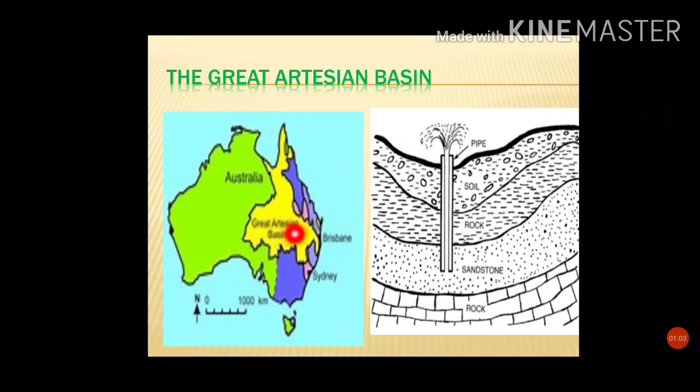The Great Artesian Basin lies between the Lake Eyre Basin, the Murray-Darling Basin to its south, and the Carpentaria lowlands to its north.